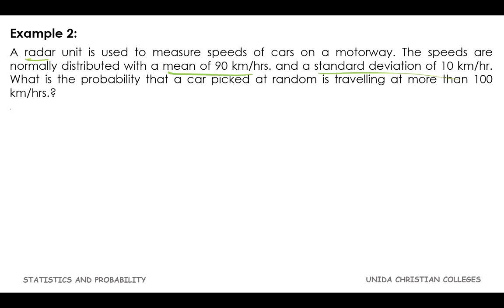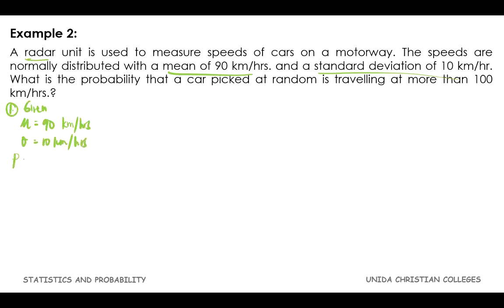So first thing ulit na gagawin natin is to list down our given. Our mean is 90 km per hour. Sorry. Okay. 90 km per hour. And our standard deviation is 10 km per hour.